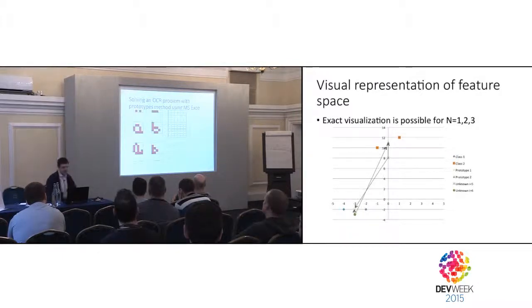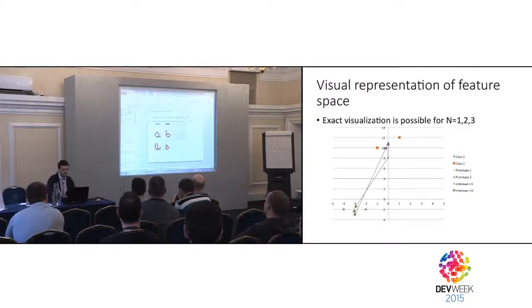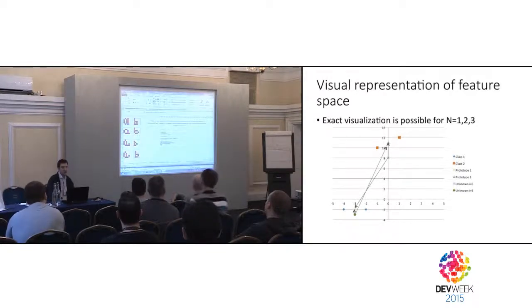And now I will use a Microsoft Excel program that I guess everybody is well familiar with, that tells us how we can apply this method to solve a simple toy optical character recognition problem.